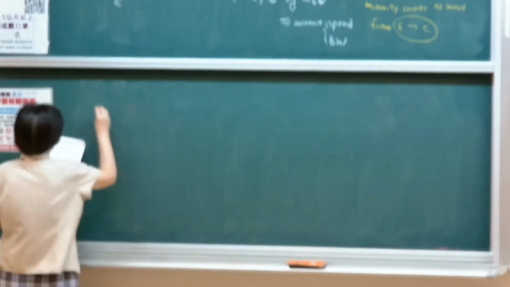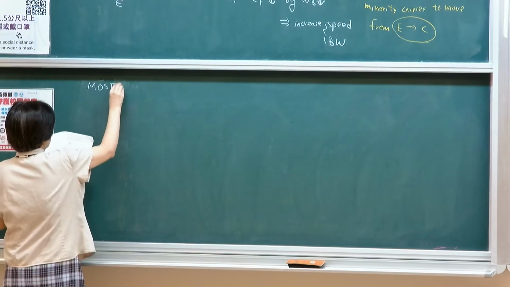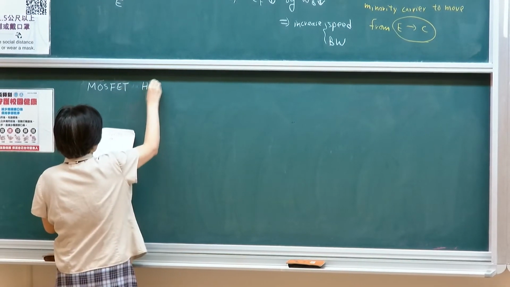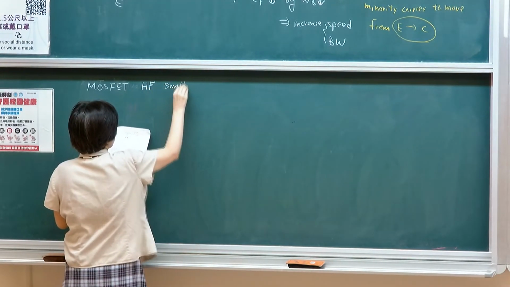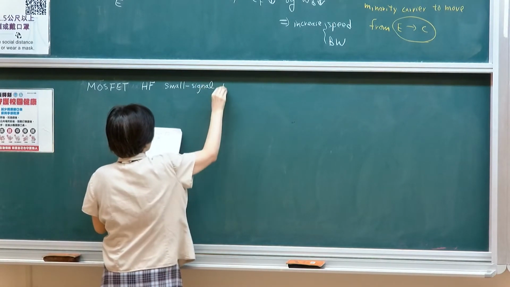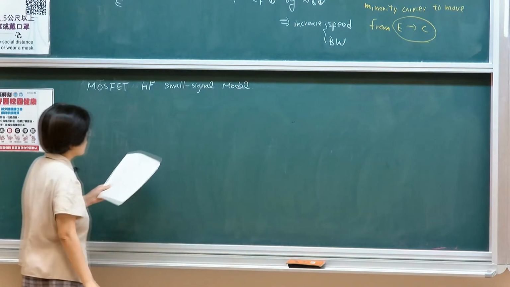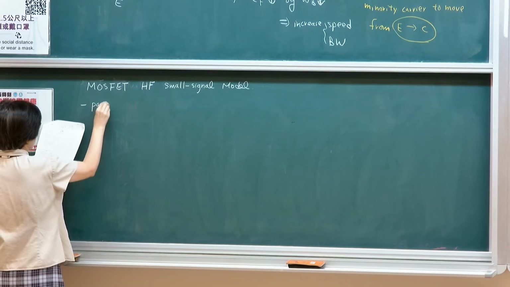Once we get that, the next part we're going to look at is the other transistor, which is more commonly used, the MOSFET counterpart. The MOSFET high frequency small signal model. So let's look at the parasitics.